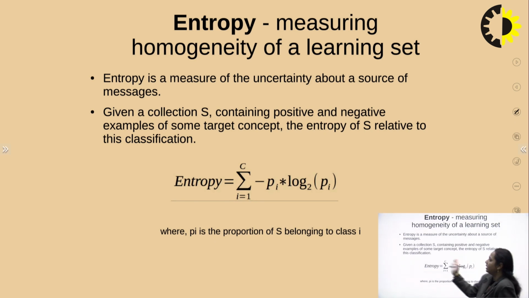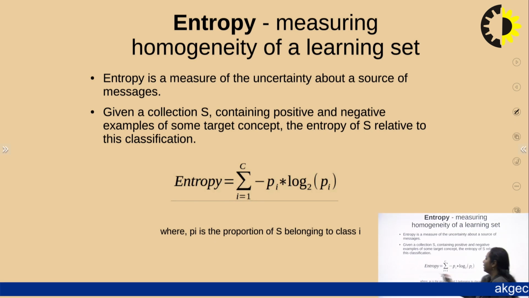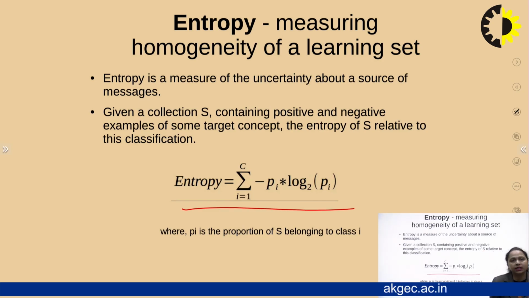Entropy is calculated using this particular formula: summation from i=1 to C of minus Pi times log2 Pi. Entropy is a measure of the uncertainty about a source of messages, meaning we are calculating the impurity. Here P is the proportion of S belonging to class i.